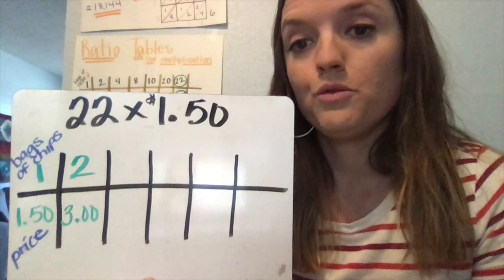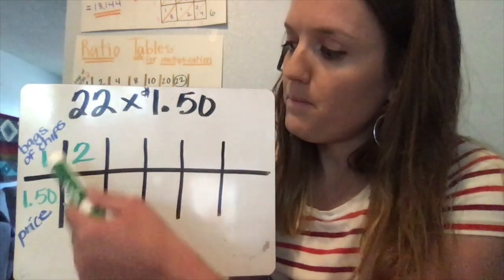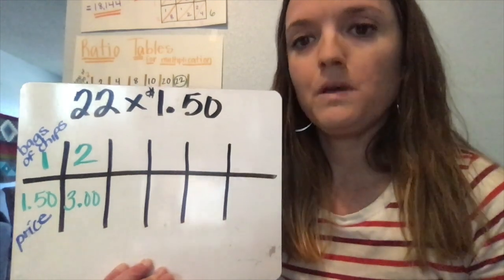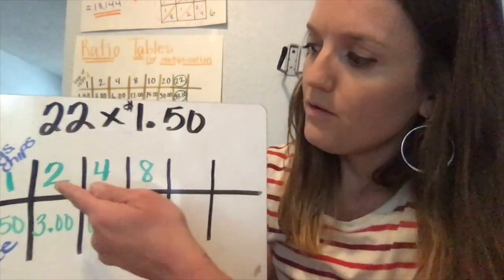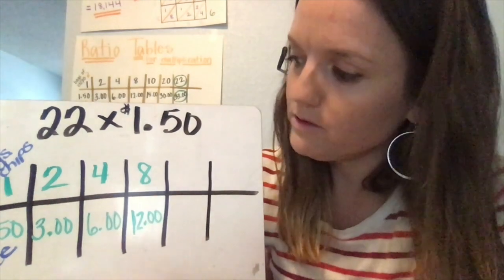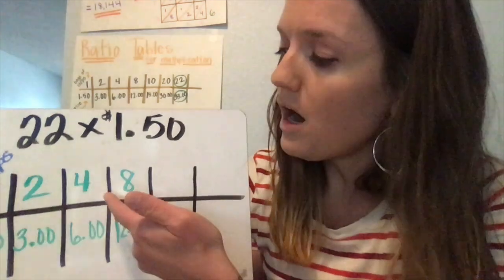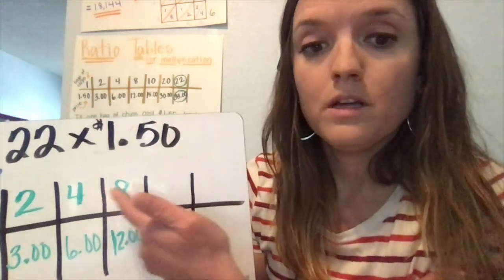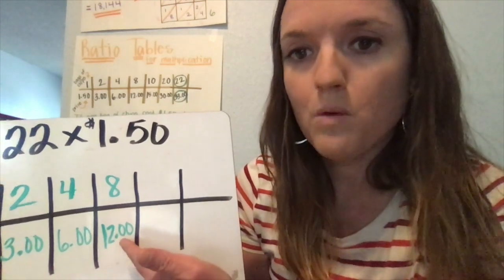We are going to continue doubling our top part and bottom part until we get to a friendly number. So when I jumped from 2 to 4, I doubled, so I'm going to double my 3. That turns into $6. When I double the 4, it turns to 8. So when I double that $6, it's going to be 12.